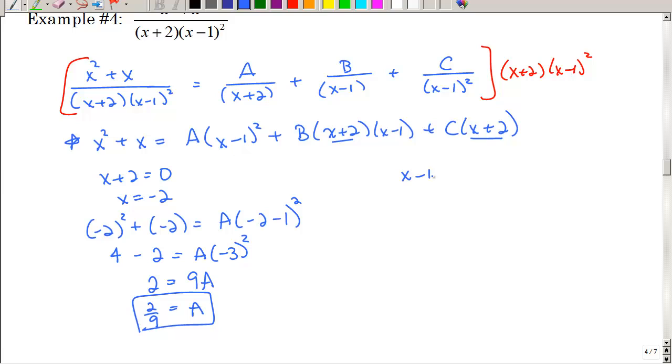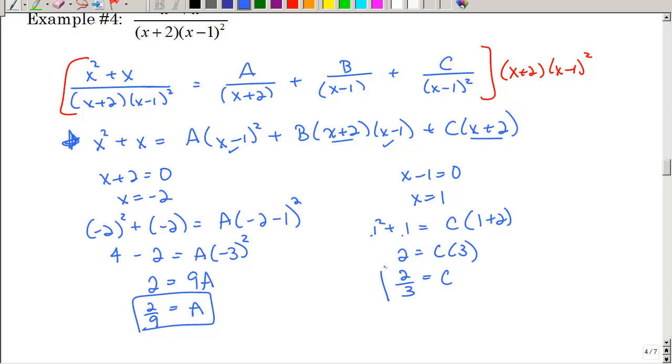What's my next convenient value? Well, I'm going to let x minus 1 equal 0. So x is 1. Again, up here we have 1 squared plus 1 equals, let's see, that's going to be 0, that's going to be 0, so I just have c times 1 plus 2. So that's 2 equals c times 3, so c is 2/3.